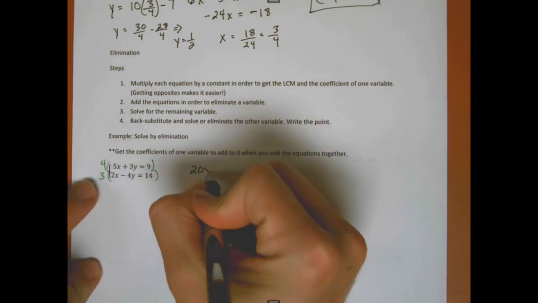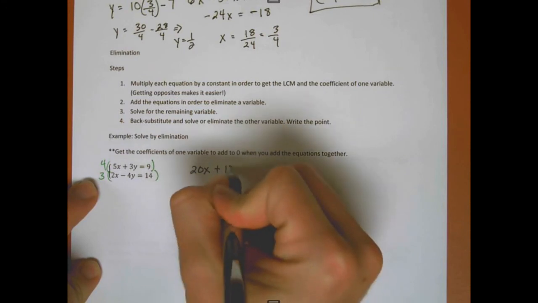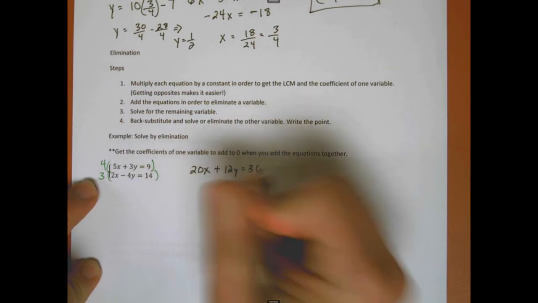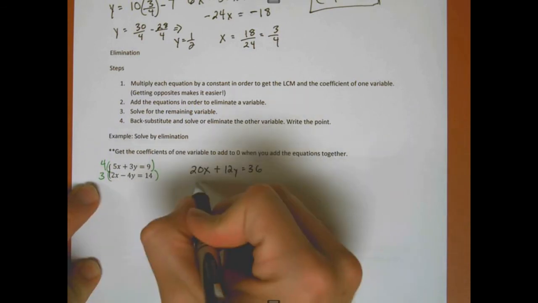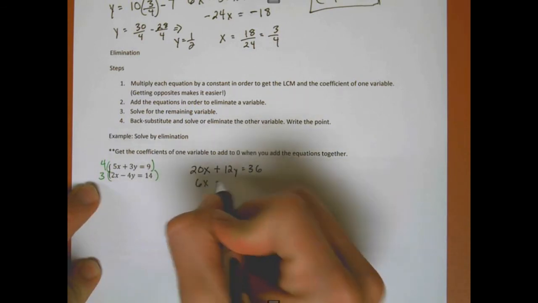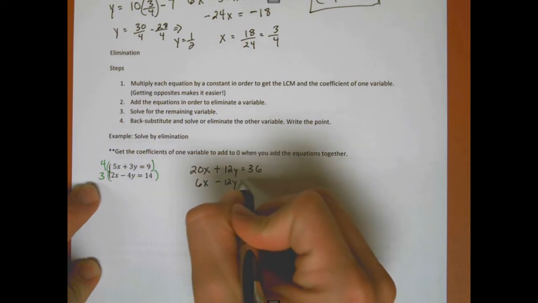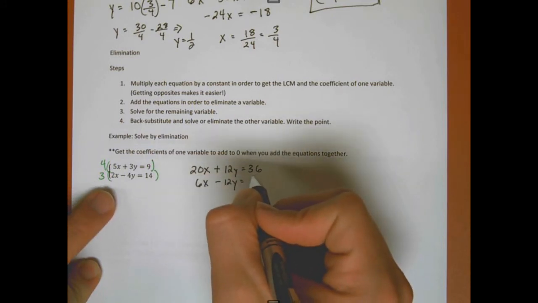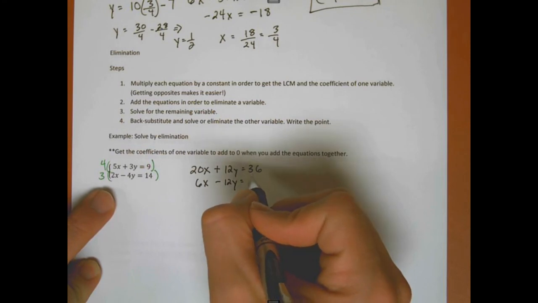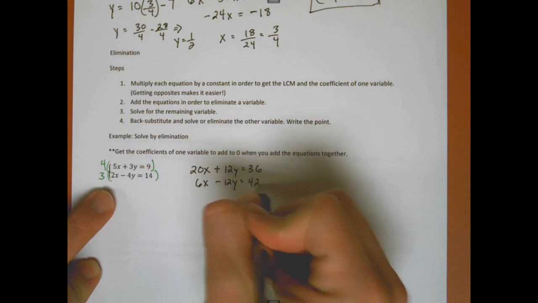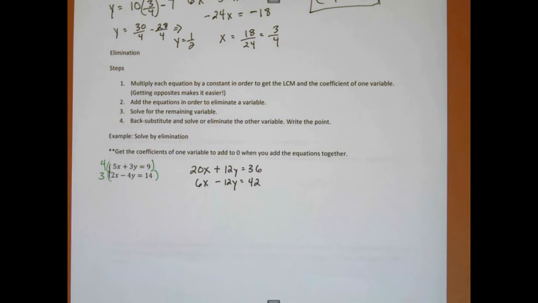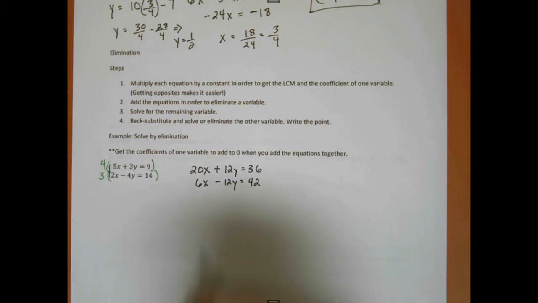So we multiply everything on the top equation by 4 and everything on the bottom equation by 3. Now, one thing I would recommend is rewrite this stuff. Don't always just rewrite one equation; rewrite both equations, even if you multiply only one equation. If you don't rewrite both equations, that's where errors happen.